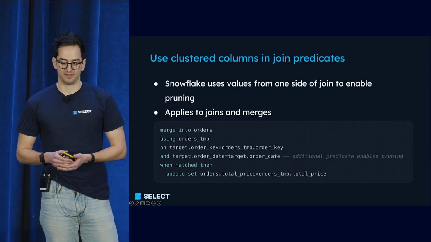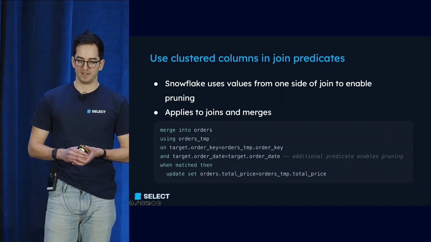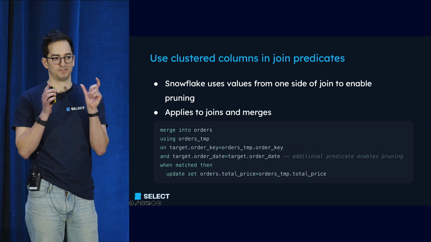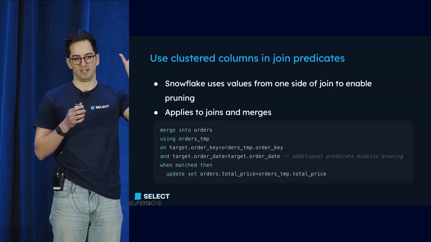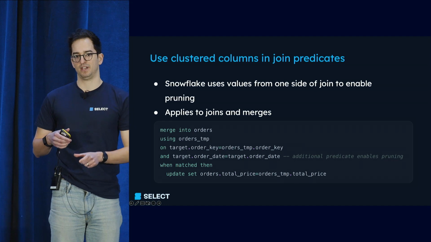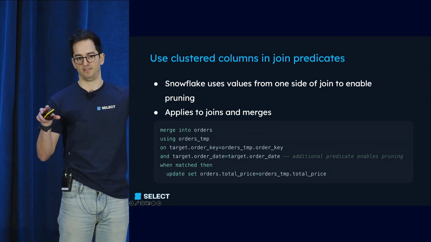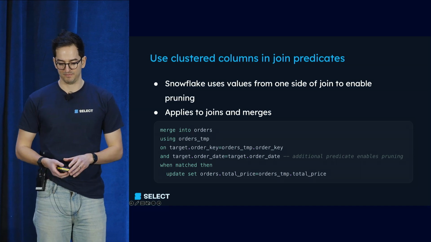Another way you can do this is through an optimization Snowflake has built in called join filtering. What happens here is when you have two tables, Snowflake can look at the values in one of the tables and then use that to push down to the other table to decide, oh, these values are in this table, so we actually only need these certain micro-partitions from this other table.